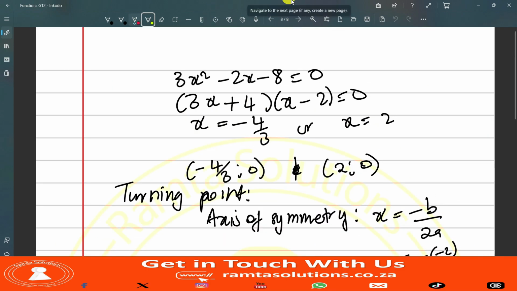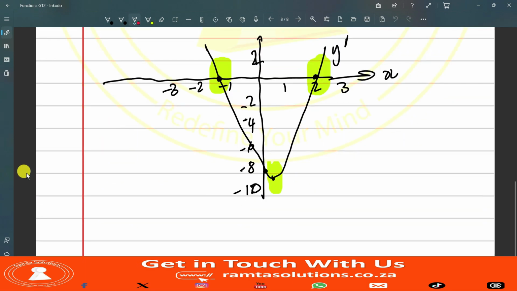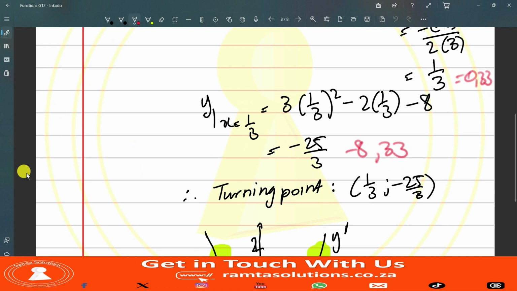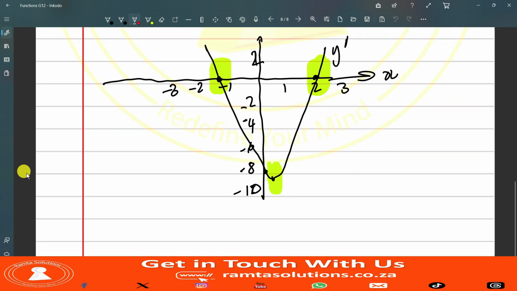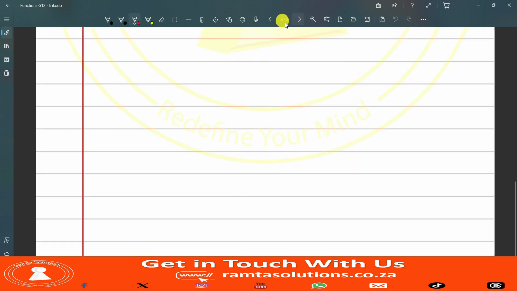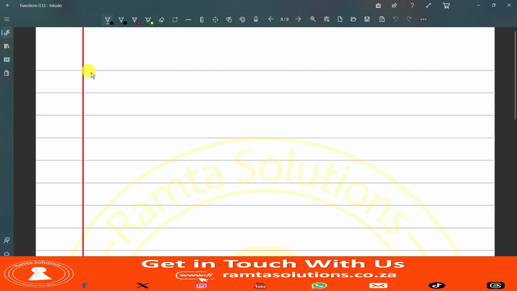So now we are done. We found the axis of symmetry, everything, turning point. We are done. Now let's go to the linear. Going to number 3, we go into the linear. Y double prime will be 6x minus 2.